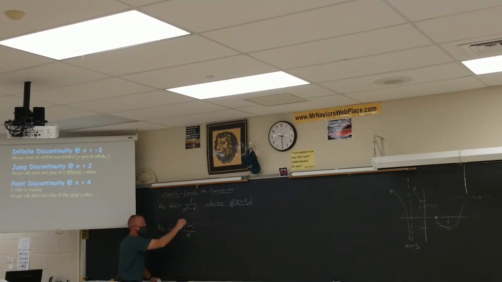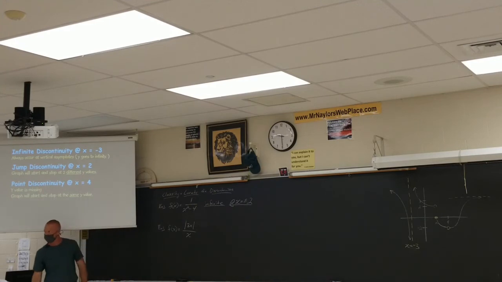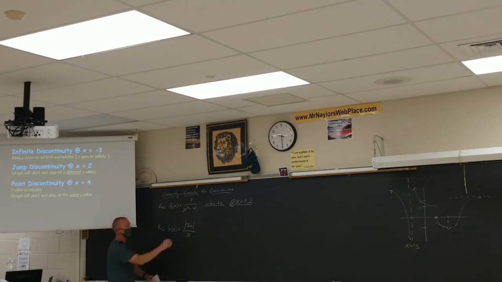Those are absolute value symbols. Absolute value of 3x divided by x. Now, maybe you're saying, this looks kind of new. Like, I don't think I saw this one yesterday. No, you didn't.